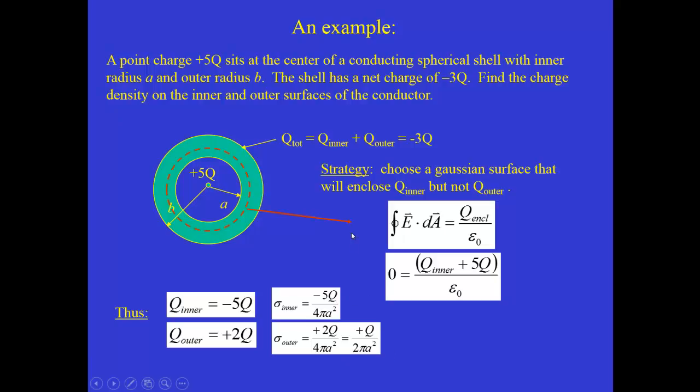Notice, though, that this answer is a little bit counterintuitive because one might think that if you had a charge at the center, all of the charge that's on the outer sphere would flow to the inside, right? That if the total charge is negative 3Q, you would have negative 3Q on the inside because it would be attracted to the plus 5Q.